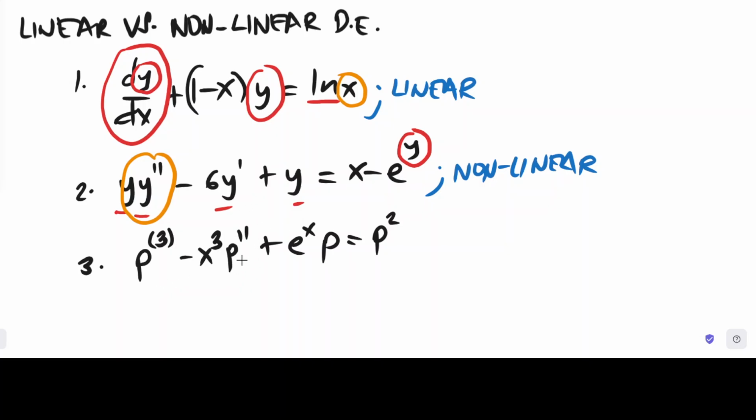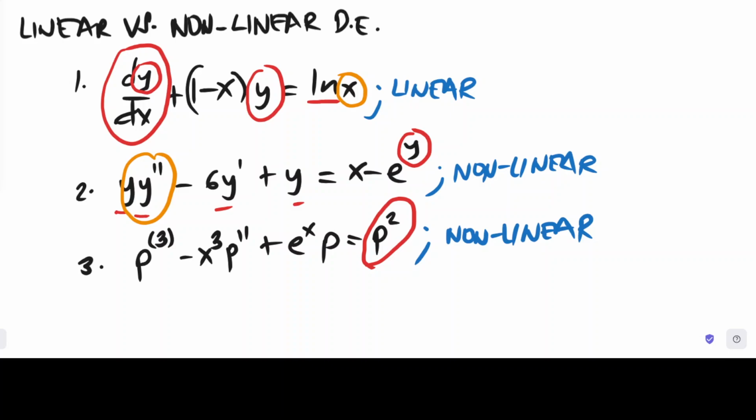Second derivative of p raised to 1. P is also raised to 1. The problem is we have here p squared, which is the dependent variable raised to 2. So because of this, we can say that this is a nonlinear DE.